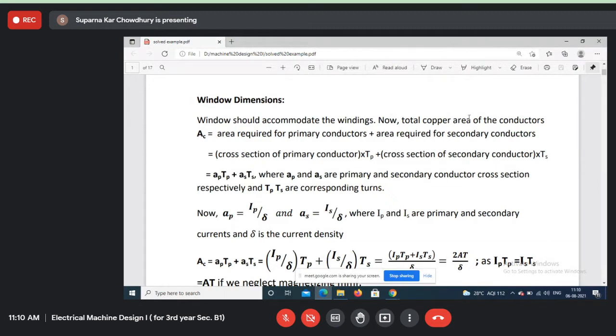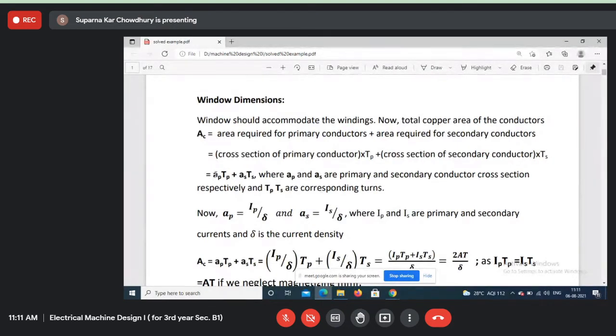Now the total copper area of the conductor, say it is AC, is equal to the area required for the primary conductor plus the area required for the secondary conductor. The area required for the primary conductor is the cross section area of the primary conductor into the number of turns, and similarly for the secondary conductor, the cross section of the secondary conductor into the secondary number of turns.